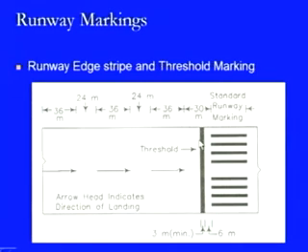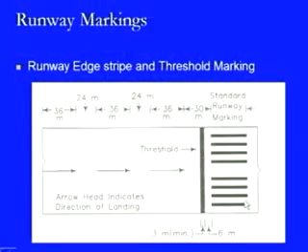It defines that this is the end of the usable runway strip, because we cannot use the earlier end due to the obstructions. Then, as we have done with respect to the end of the runway strip, from a distance of 6 meters the threshold markings will be provided. And here the arrows are 36 meters in length with a clear gap of 24 meters between the two arrow strips.